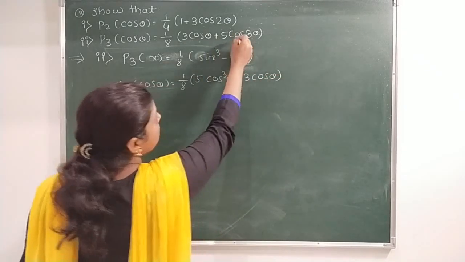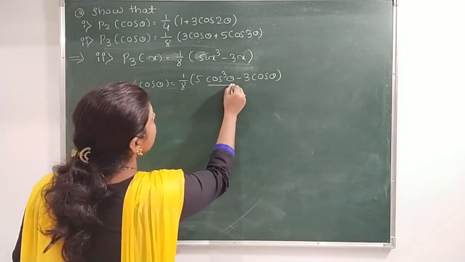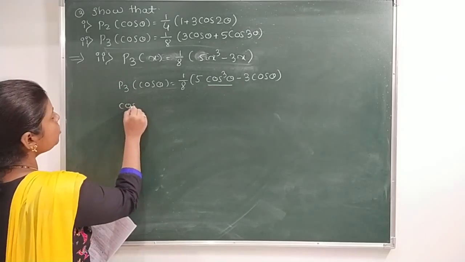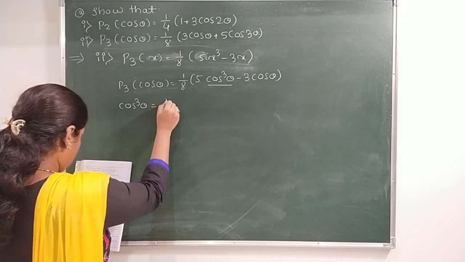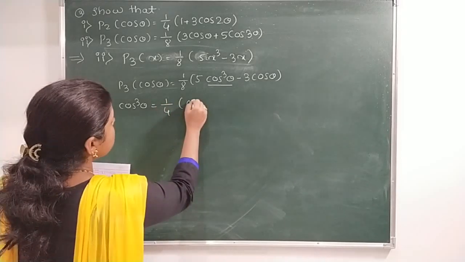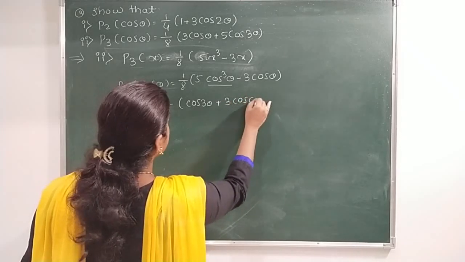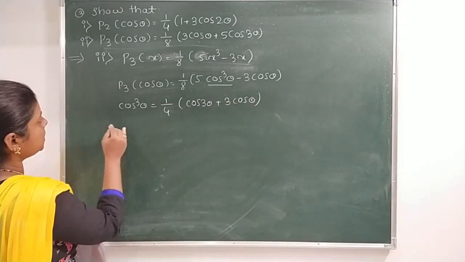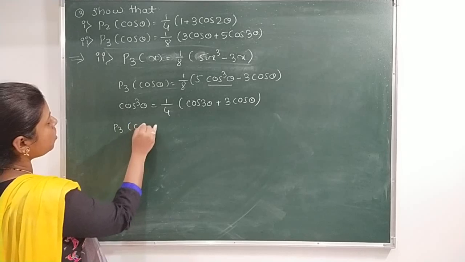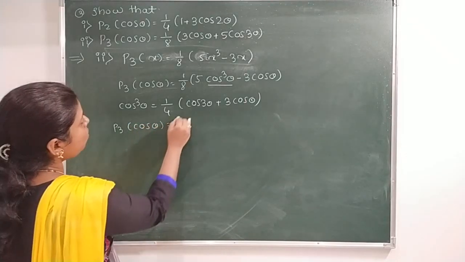Here also we want it in the linear form. That's why this cube we have to convert. Cos cube theta is equal to 1 by 4, cos 3 theta plus 3 cos theta.